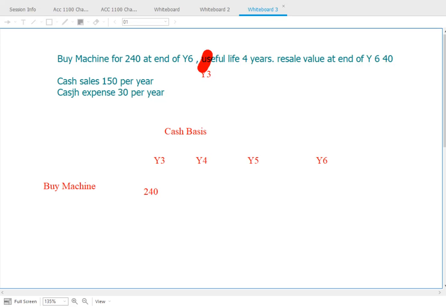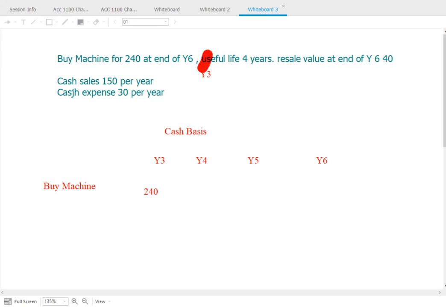When I sell my machine at the end of year 6, is this considered as having an effect on cash? Yes or no? Yes, when I sell the machine at the end of year 6, I'm going to receive cash.